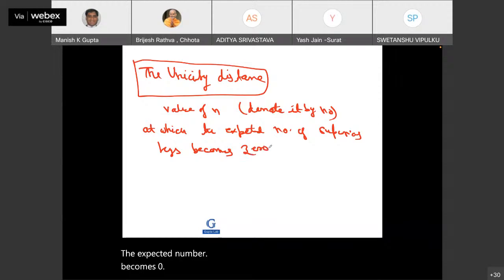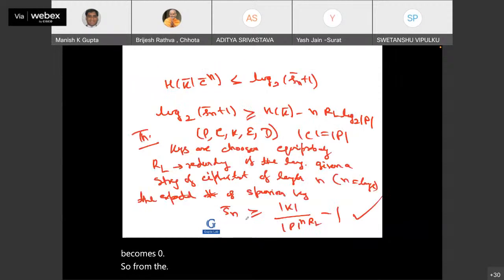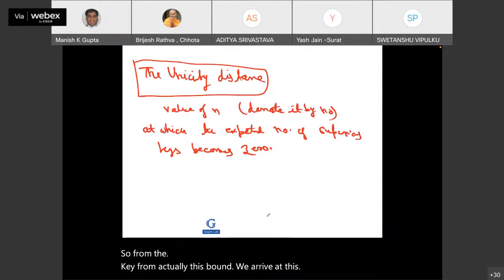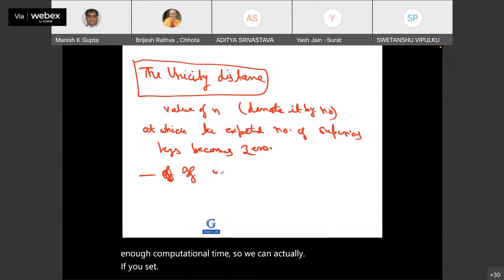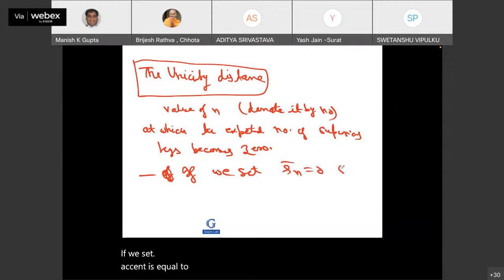From this bound we arrive at this. That is the average amount of ciphertext required for an opponent to uniquely compute the key, given enough computational time. If we set Sn equal to 0 and solve for n, we get an expression for this.